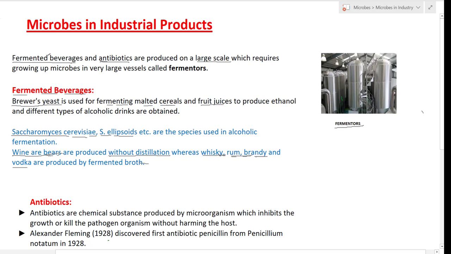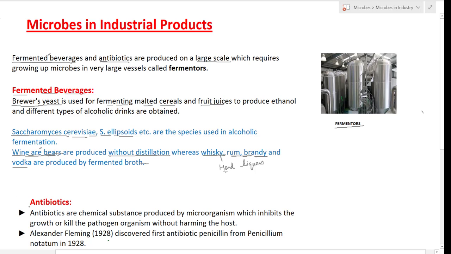These products have a higher amount of alcohol, and they are also known as hard liquors because they have a high amount of alcohol and are produced through the process of distillation. These drinks, wine and beer, are obtained without the process of distillation. They have a lesser amount of alcohol. The distilled drinks have a high amount of alcohol and are called hard liquors.